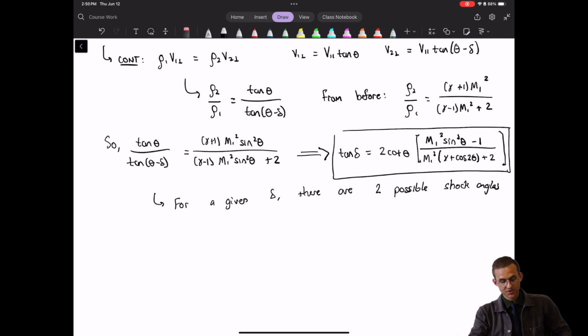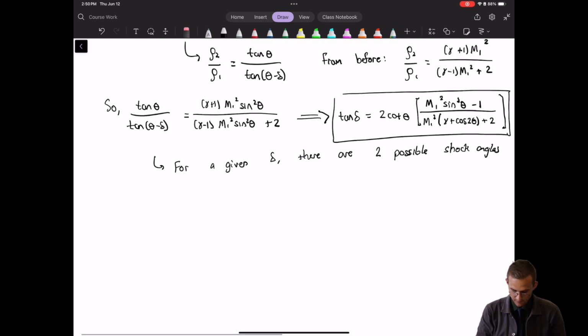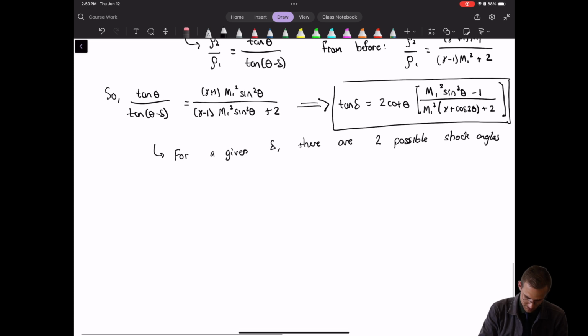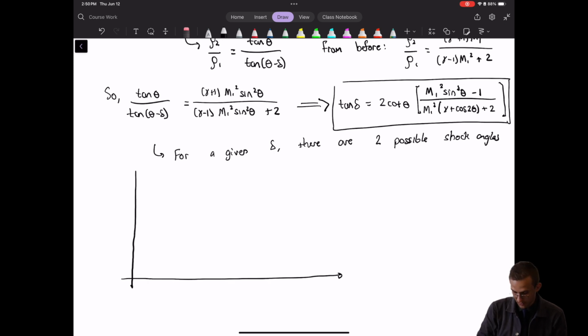So what we usually do is we visualize the relation in a plot. And in the back of the book, there are plots that look like what I'm going to sketch out here. So if you know what delta and theta are, as well as the upstream Mach number, you can find the other. If you know 2 out of the 3, you can find the other.